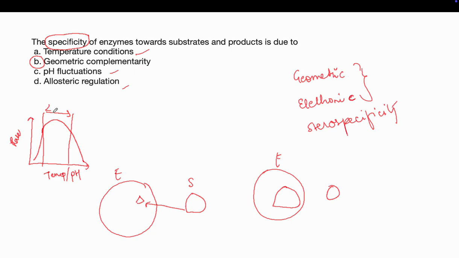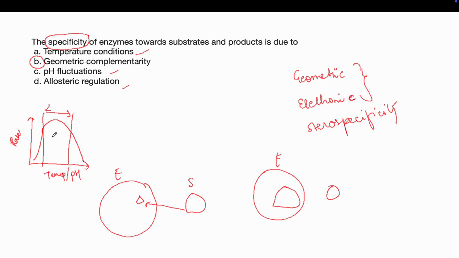So temperature and pH are correlated to the rate of a reaction. At a particular range of temperature and pH, we'll have optimal reaction conditions, and they will not correspond to the specificity of the enzyme.